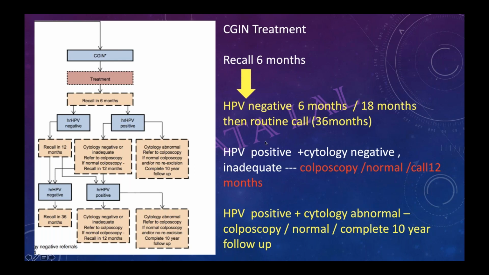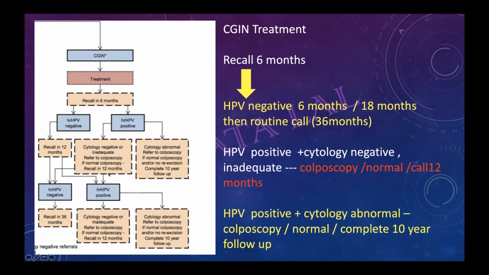So now the negative pathway we have done. Now come to the positive thing. So if the HPV becomes positive, and whether the cytology is inadequate or negative, then in that particular situation we will refer this patient to colposcopy.